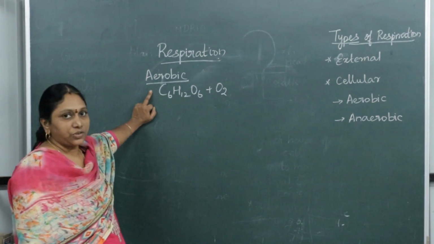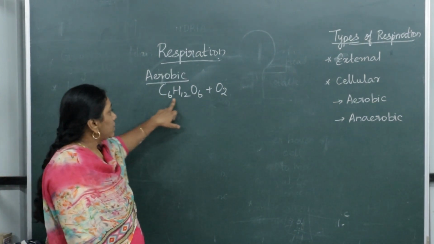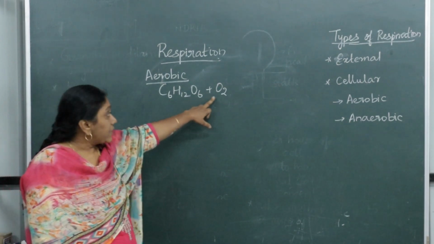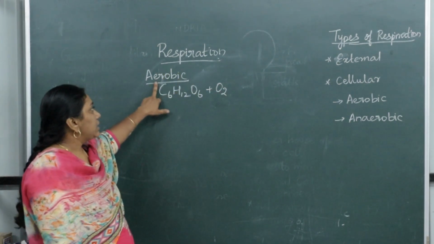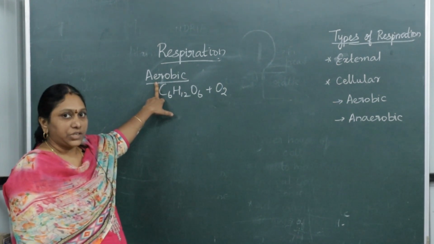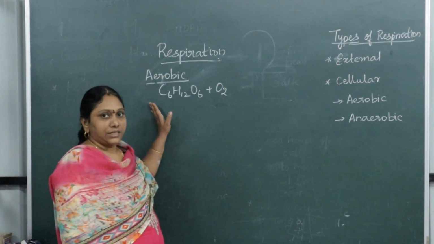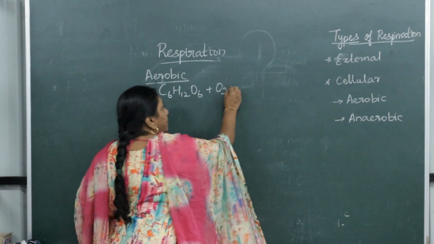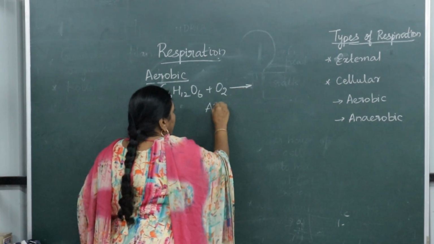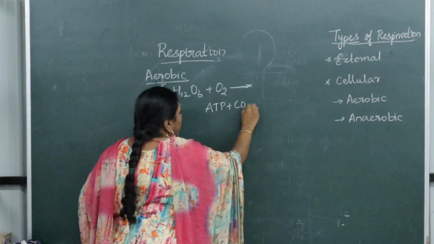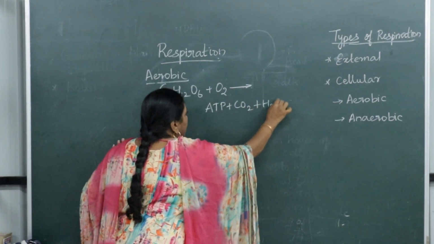This aerobic respiration only takes place where the glucose is broken down in the presence of oxygen. In all higher plants and animals, only aerobic respiration takes place. Here the glucose is converted into ATP plus carbon dioxide plus water. This is aerobic respiration.